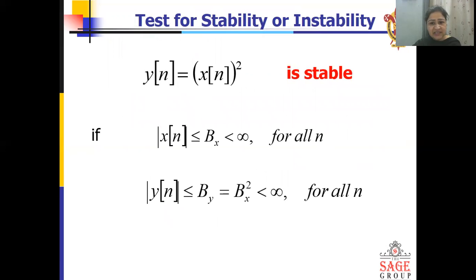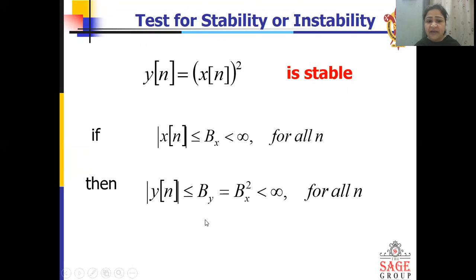Now, we will check the stability of the system which is given as y[n] is equal to x[n] square. Now say if input x[n] is BIBO stable, that is, x[n] is a bounded signal, then whenever we square the finite value, bounded signal meaning that it is having a finite value for all values of n, I'll again get a finite value.